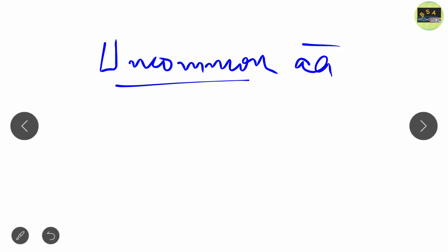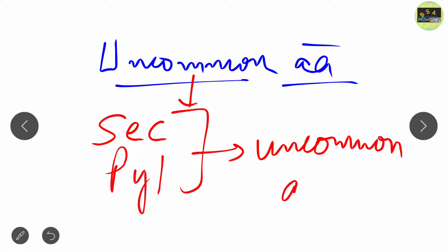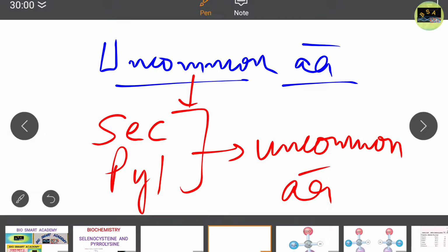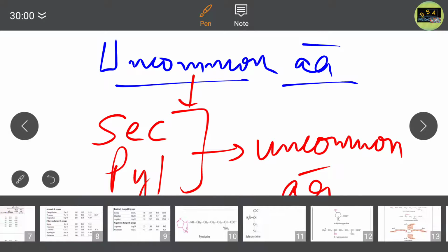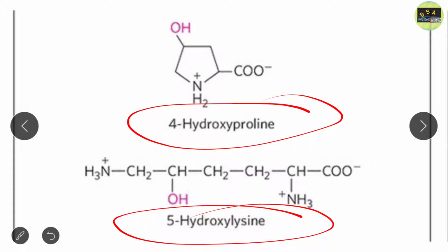In yesterday's lecture I discussed the uncommon amino acids. So don't confuse selenocysteine and pyrrolysine with uncommon amino acids, because in yesterday's lecture you saw structures like 4-hydroxyproline and 5-hydroxylysine.